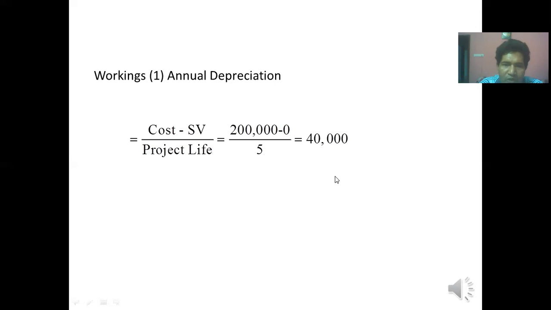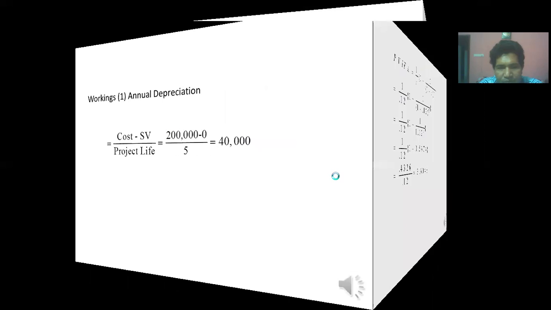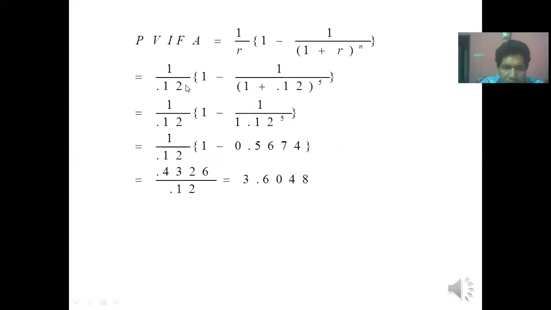Now we need to calculate the PVIFA. We know the formula: 1 divided by R, you can see this formula. Probably you know the formula, and you can write this formula in the other way, but I think this shape is suitable for students.